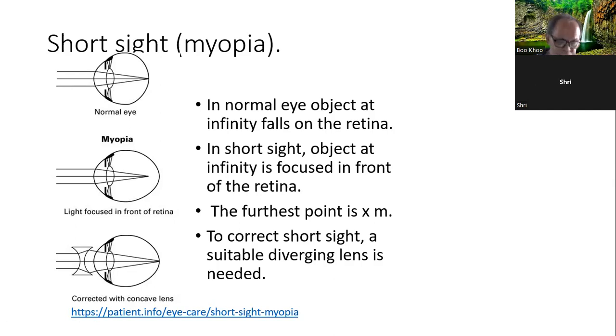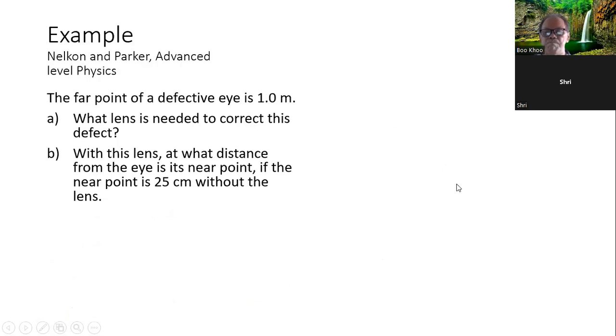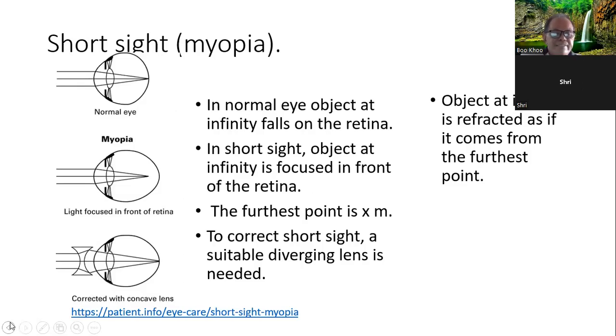So object at infinity is refracted as if it comes from a nearer point. We have to put a lens there so that the object at infinity appears to come from the furthest point. So it means that our furthest point is the focal length of the diverging lens.